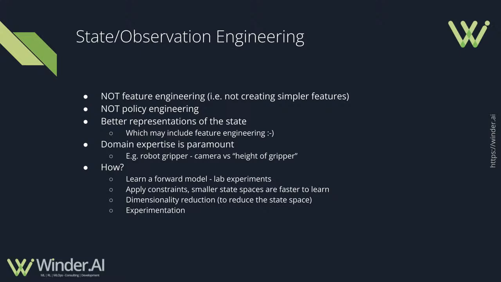So dimensionality reduction techniques can help there, but you've got to be really careful, because you don't know at this stage what parts of the observation or the state the agent is really going to be interested in. Through that process, you might accidentally throw away some really useful information. So I'd be a little bit wary about doing that in isolation.